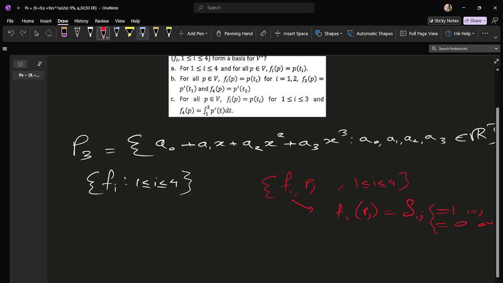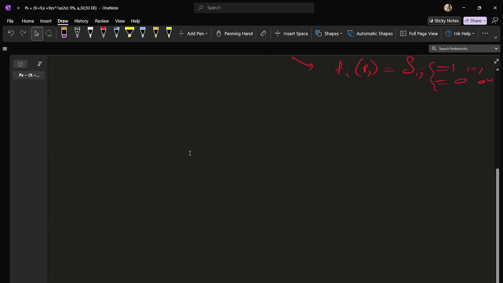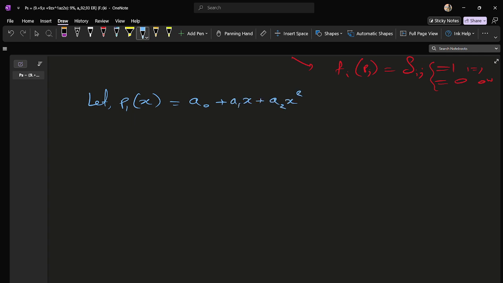So let me change my font color. Now let p1 be a0 plus a1x plus a2x squared plus a3x cubed.